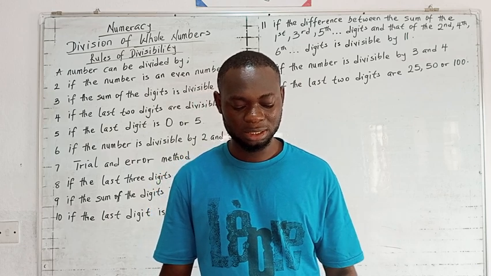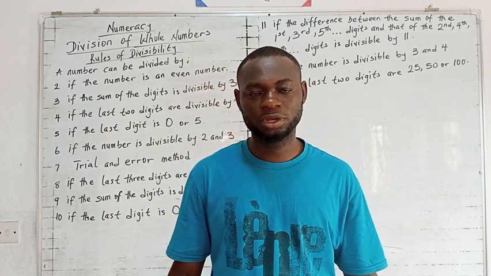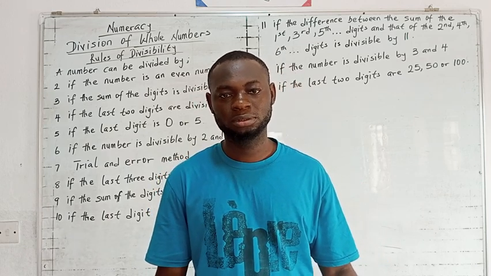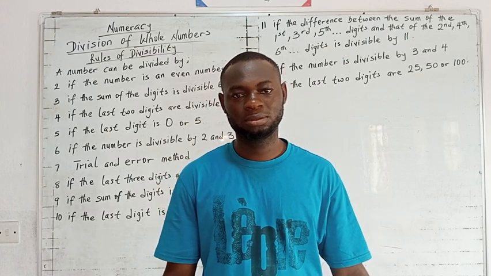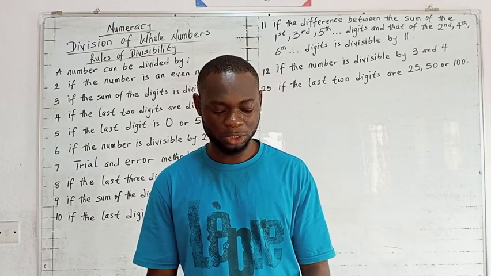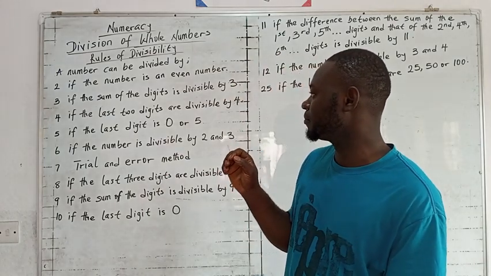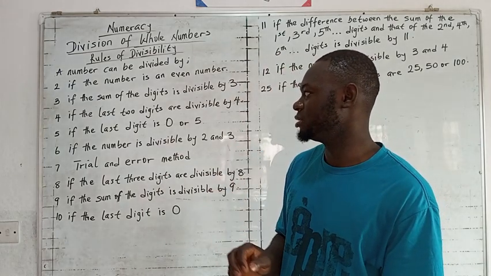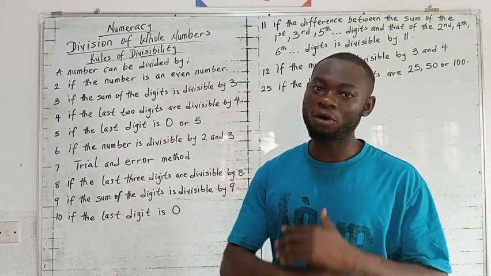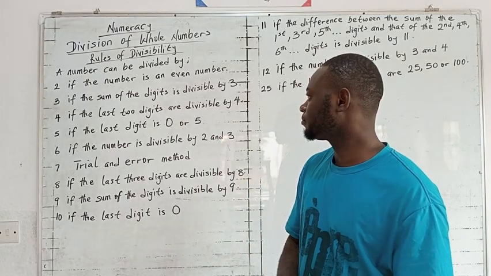Numbers like 1, 3, 5, 7, 9, 11, 13, and so on. Alright? So whenever a number is an even number, 2 can divide it. So 2 is a factor of all even numbers.